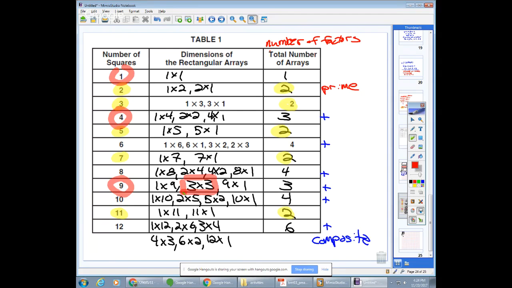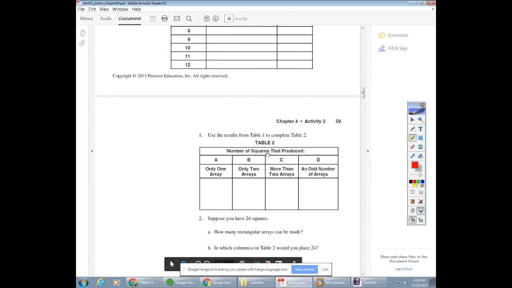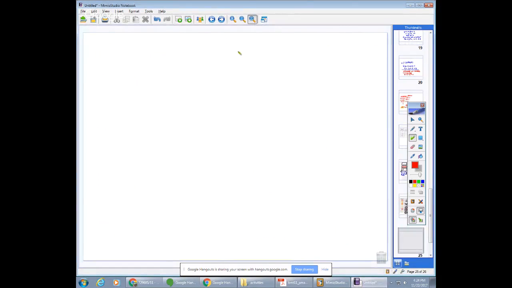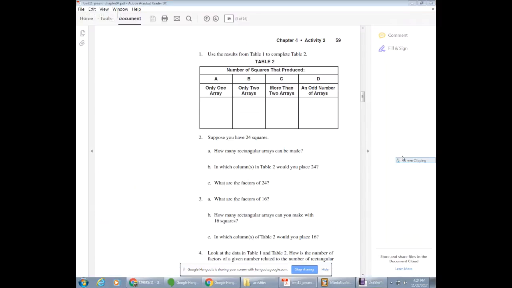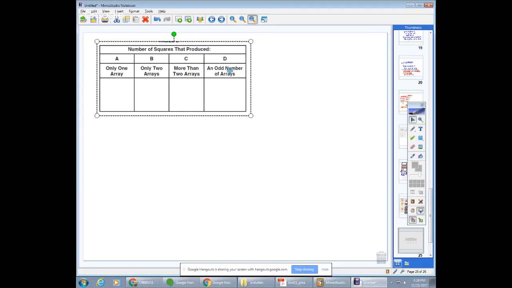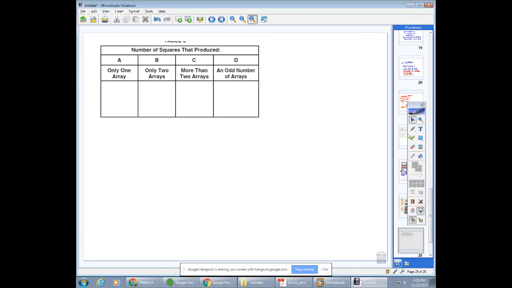So if you turn the page in this activity, we want to list those numbers that had only 1 array, 2 arrays, more than 2 arrays, and an odd number of arrays in these columns here. So let me add a new space and stick that in. Let's see, what number had only 1 array? 1 was the only one.